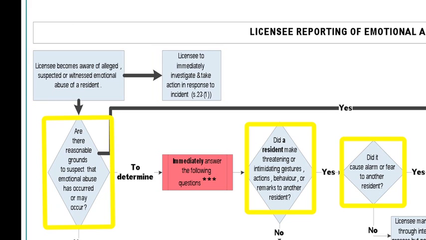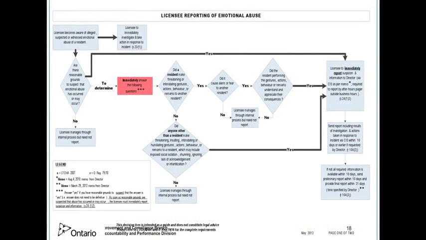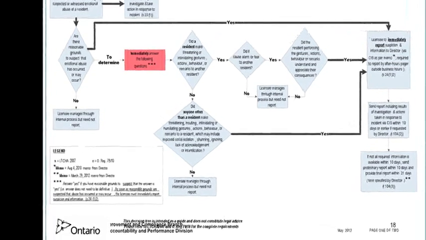Things that are diamonds are the key questions that lead you down one path or another. They always have at least 2 choices, usually a yes choice and a no choice. Sometimes there's a third choice, which is actually the key part of the decision tree, the not sure yet choice.